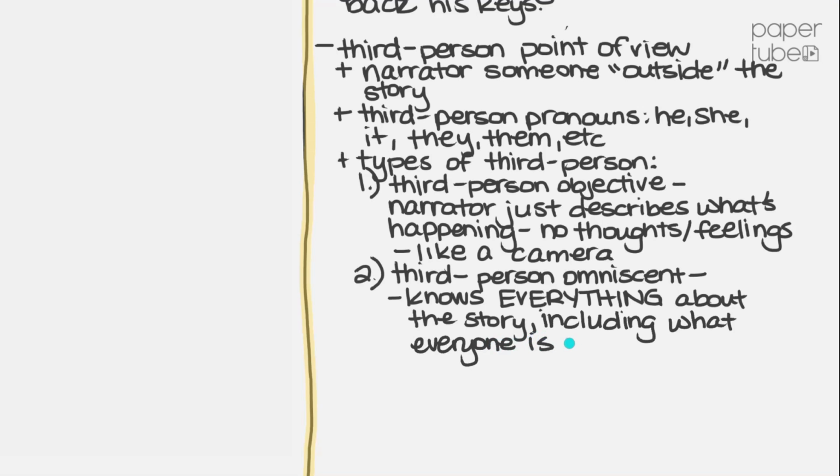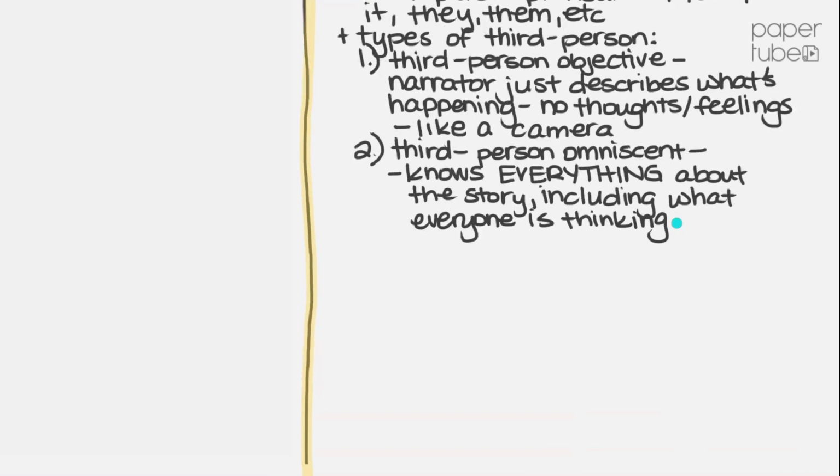And our third type of third person point of view is called third person limited omniscient. So in this one, the narrator can only describe what some of the characters are thinking and feeling.